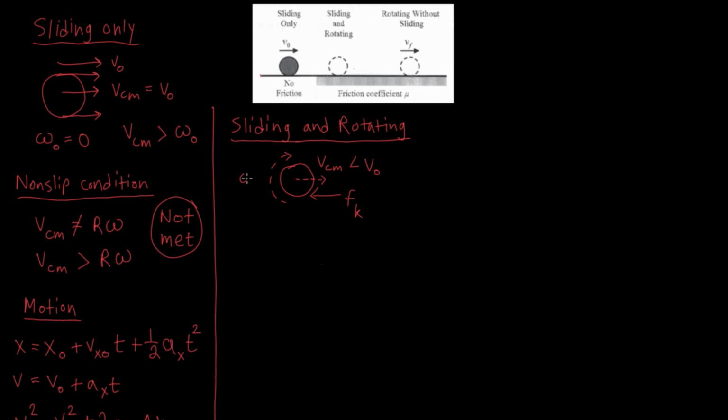So there's going to be an angular velocity now. And originally there was no angular velocity because the surface was frictionless. But now, due to the force of kinetic friction, or due to the frictional force, there will be an angular velocity due to a torque.